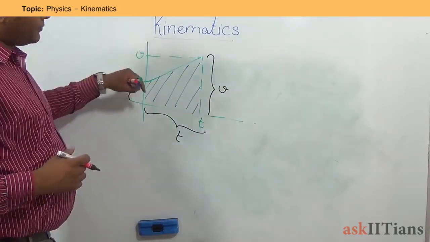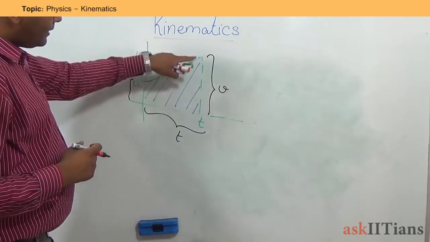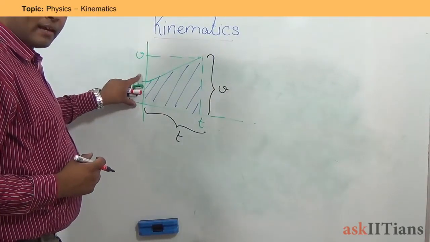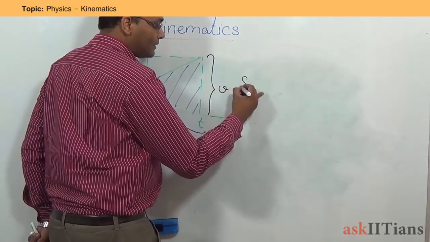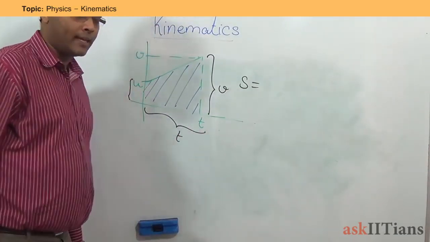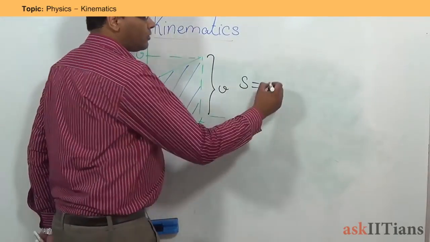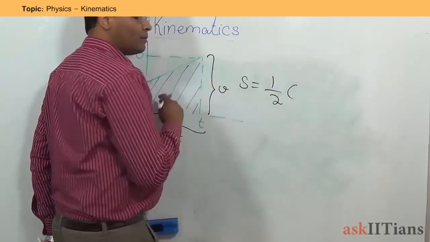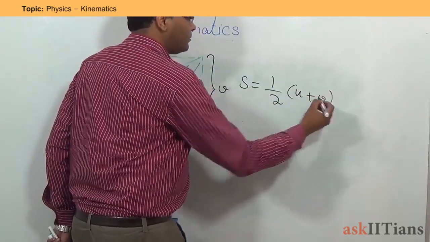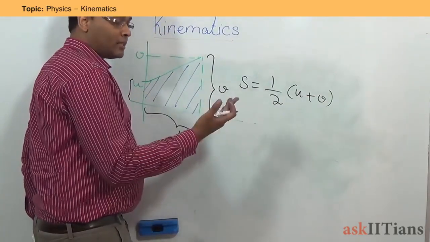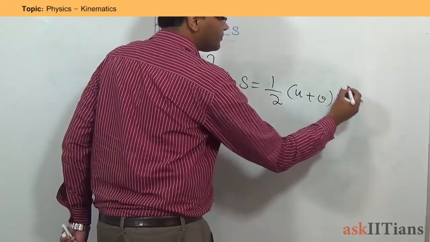So if you look into it, this is a parallel side having a length v, this is another parallel side having a length u. So I can say the displacement s is equal to the area, that will be equal to half the sum of parallel sides, that is u plus v, into the distance between the parallel sides, that is t.